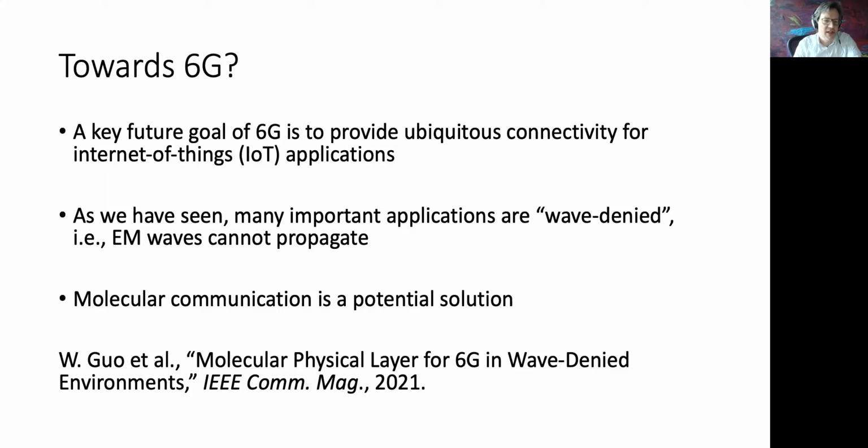So potentially molecular communication offers a solution. There's this very recent paper, it just appeared in IEEE Communications Magazine, that actually describes some of these potential applications and lays out a very concise and interesting proposal for adding molecular communication to 6G standards.